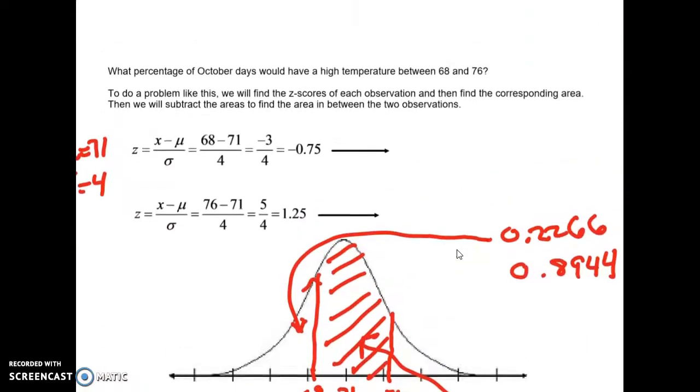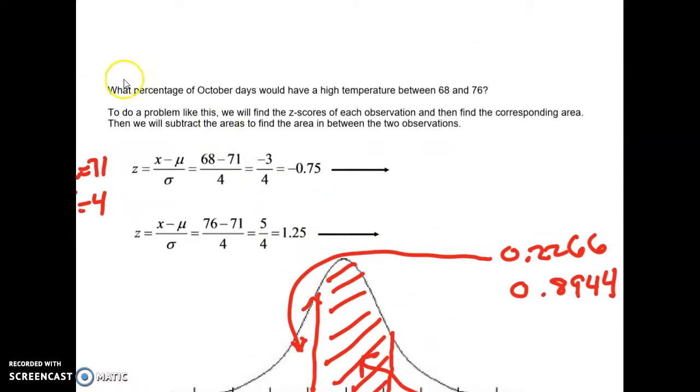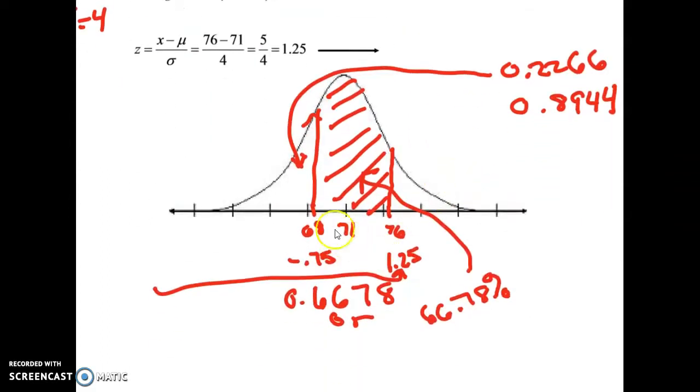Now, the last problem that we had here was between. It said what percent of days in October would have high temperatures between 68 and 76. This is a picture of what that would look like. It basically wants to know what's the percent of days that would land between these two temperatures.